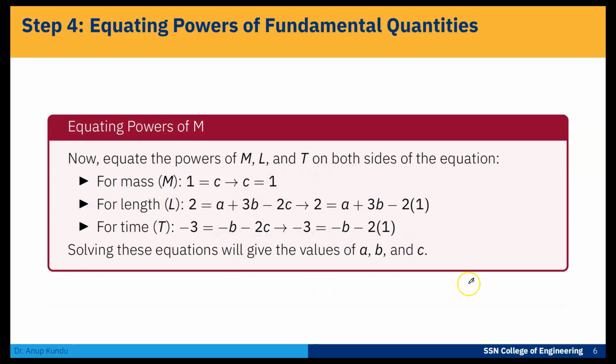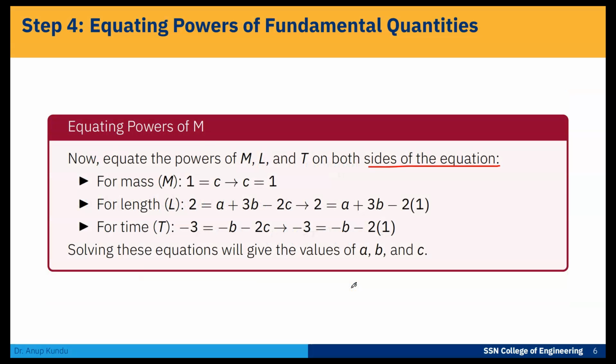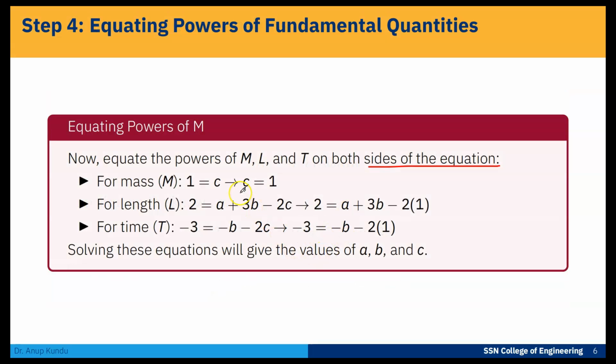Now equate the powers of M, L and T on both sides of the equation. First, the power of M is 1 on the left-hand side, and on the right-hand side the power of M is C. So 1 is equal to C, so C will be 1.